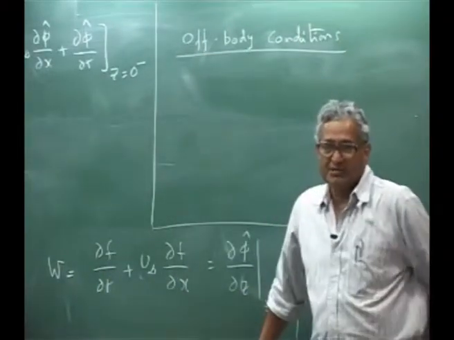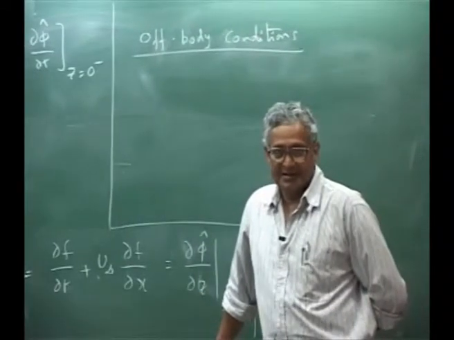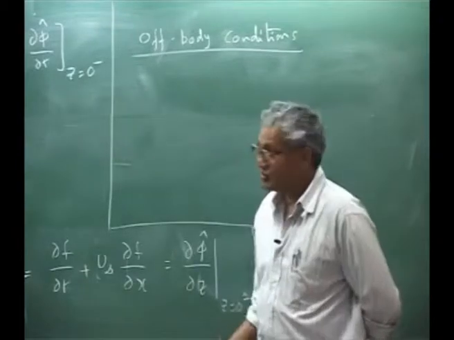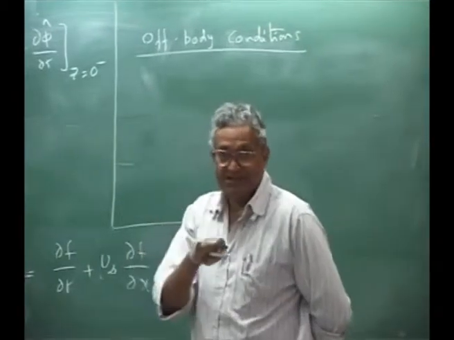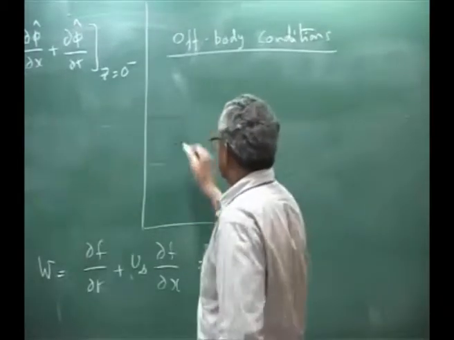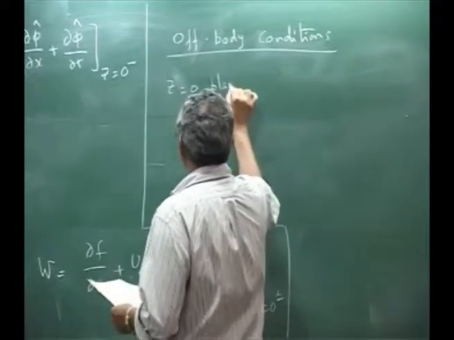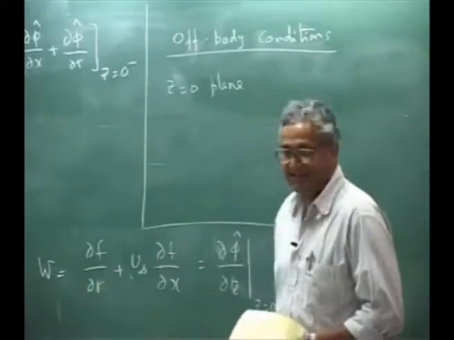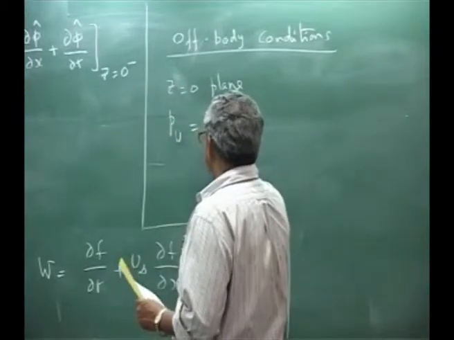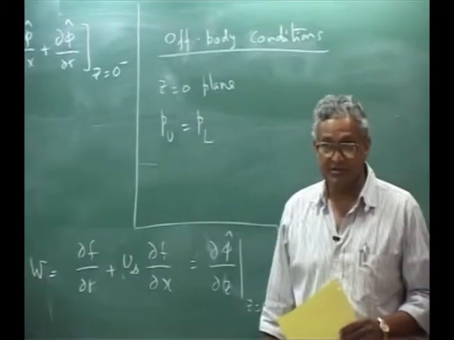See, off the body means your velocity must be continuous and the pressure must be continuous. That means it is only the z equal to 0 plane that is important. So, z equal to 0 plane, you will have pressure upper equal to pressure lower, it must be there, and velocity must be continuous.